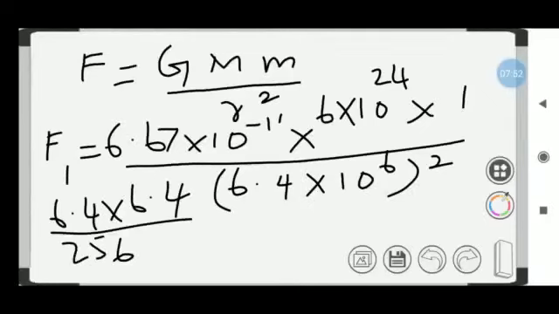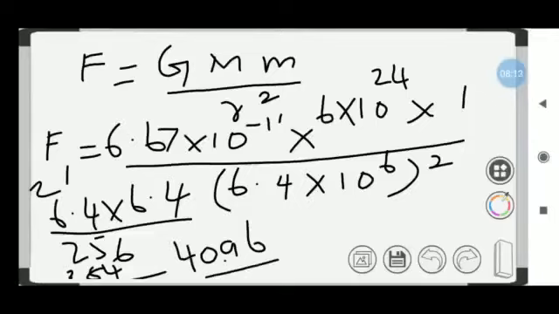Okay, and here same, 4 into 6 is 24, and 2 here, 6 into 6 is 36, 38. Okay, so what is that value will come? 6, 5 plus 4 is 9, 8 plus 2 is 10, and 3 plus 1 is 4. So 40.96.